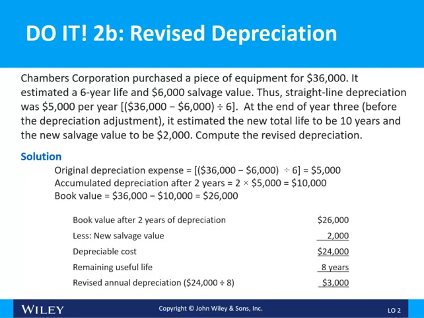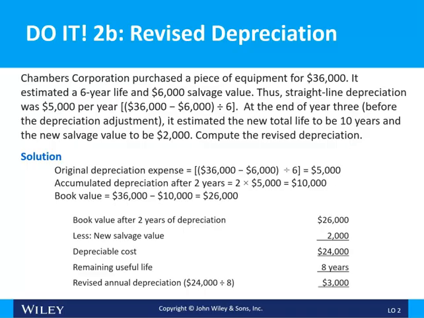So accumulated depreciation after 2 years was 2 times the $5,000 or $10,000. The book value then is $26,000. So we take the book value of $26,000 less the new salvage value of $2,000. So we have $24,000 depreciable cost. And we're going to take that over 8 years remaining.